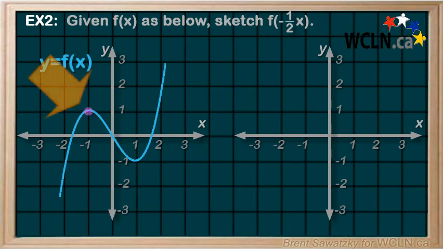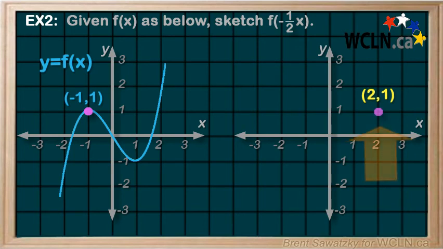Here we have a local maximum, and this will work well. Now, if we have a horizontal expansion by -2, then the x value is going to be multiplied by -2. So our corresponding point would be -1 times -2, which is +2, and then the same y value, that is 1, and we can plot our point right here.